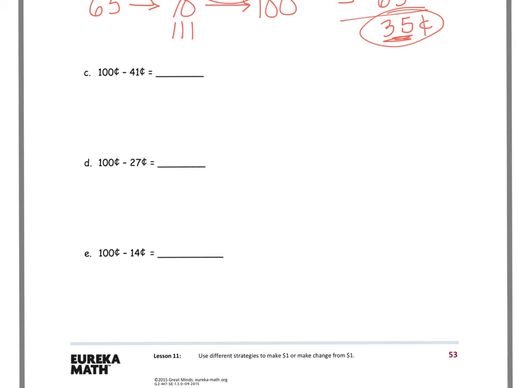Let's look at D. I guess I'll start in with D. And same thing. That's my whole amount, and I know I'm subtracting 27. So I could subtract 27 from it using the vertical method or the standard algorithm. Or I can start at 27 and work my way up to 100.